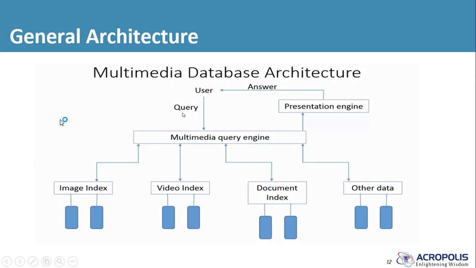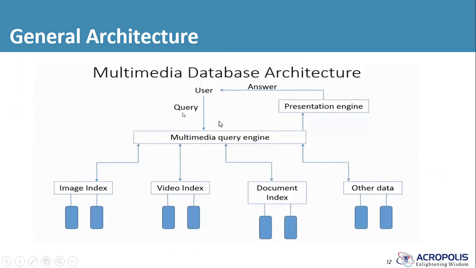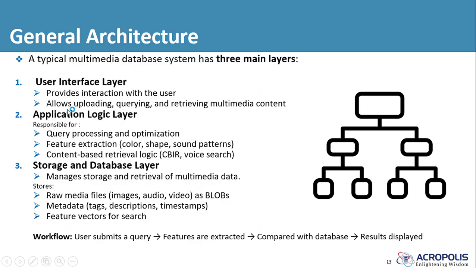This is the architecture of a multimedia database. It generally has three layers, that is the user interface layer, the application logic layer, and the storage layer. The user interface layer provides interaction with the user. It allows the user to upload, query, and retrieve multimedia content, whereas the application logic layer is used for query processing and optimization, feature extraction, and content-based retrieval logic.